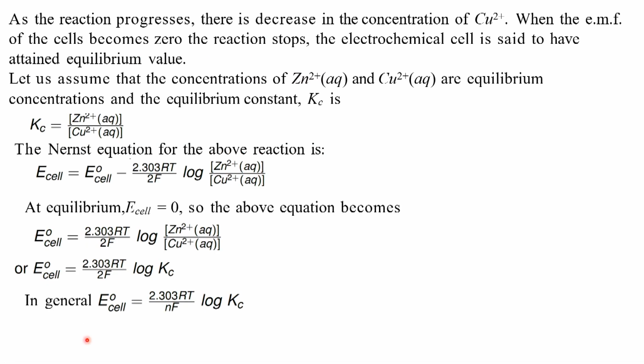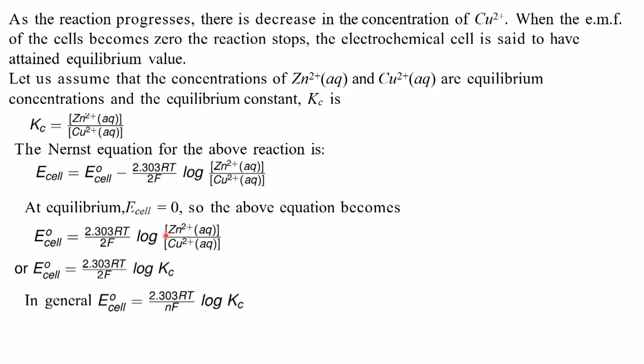Now at equilibrium, E cell is 0, so the equation becomes E° cell = 2.303RT/2F log [Zn2+]/[Cu2+].